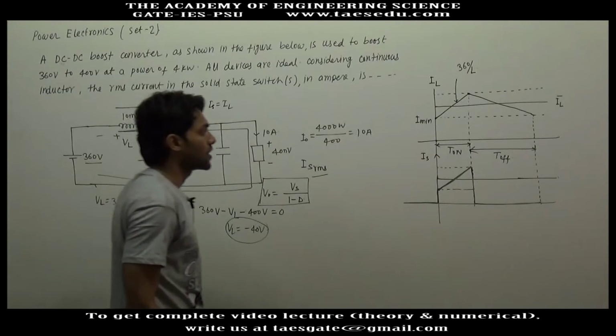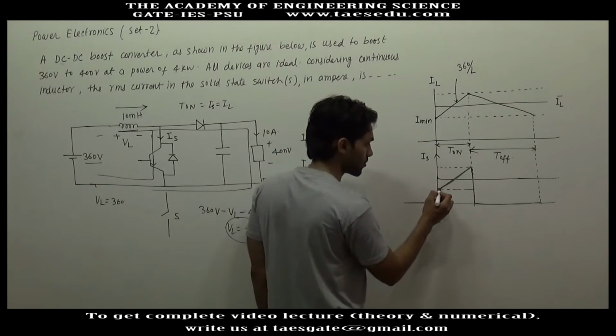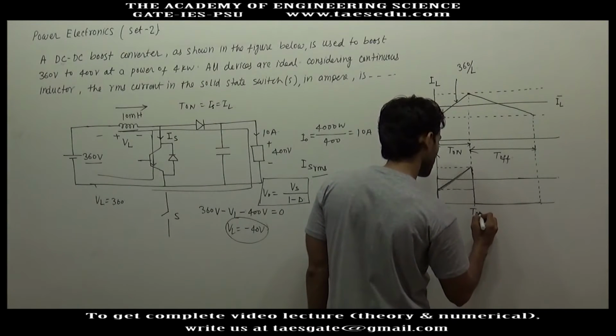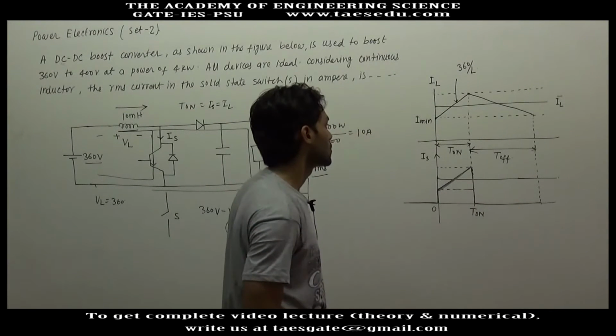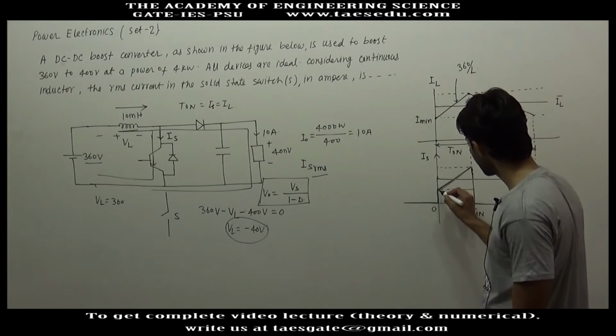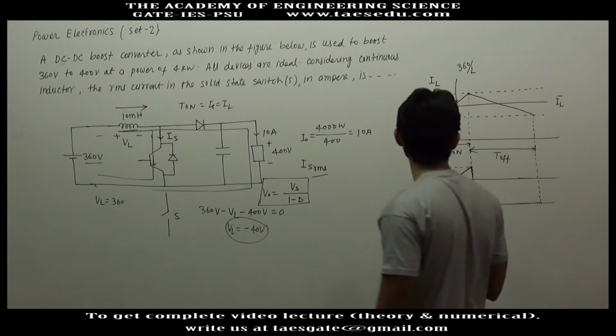To find the RMS switch current, we need to first find the equation of this line from 0 to T on. To find the equation of this line, we need the minimum and maximum or average value of inductor current.